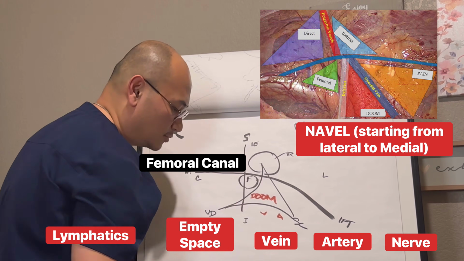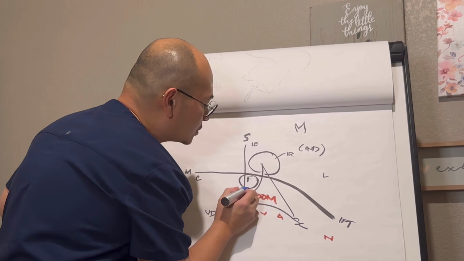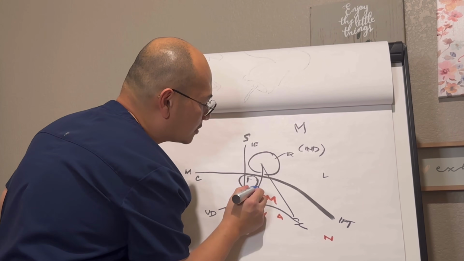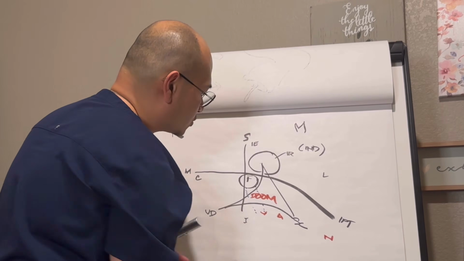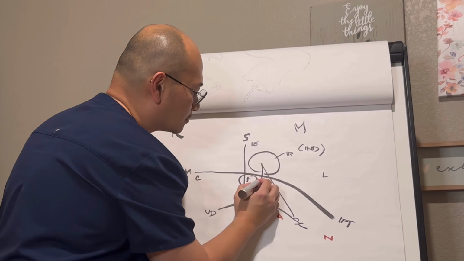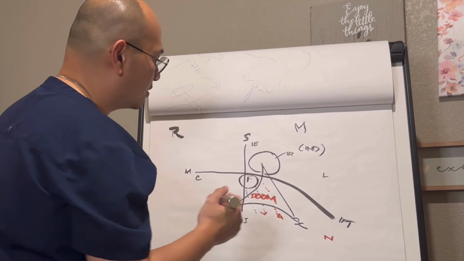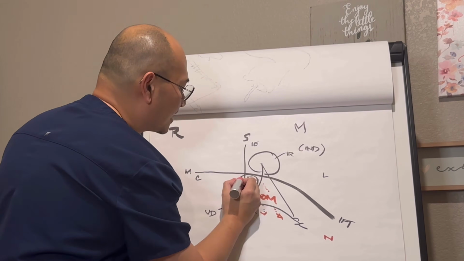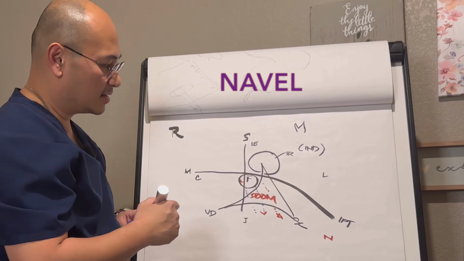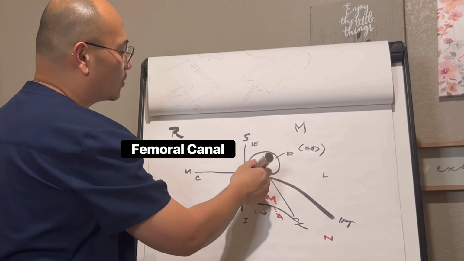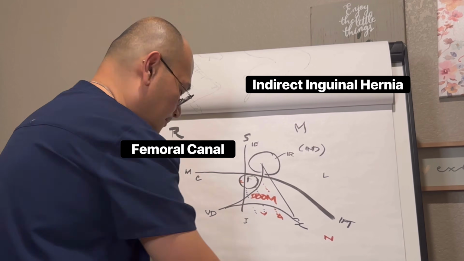We shall draw it down there. That's your vein. And this is your artery. Okay, so they're going there. And again, you also have lymphatics. Nerve, artery, vein, empty space, lymphatics.